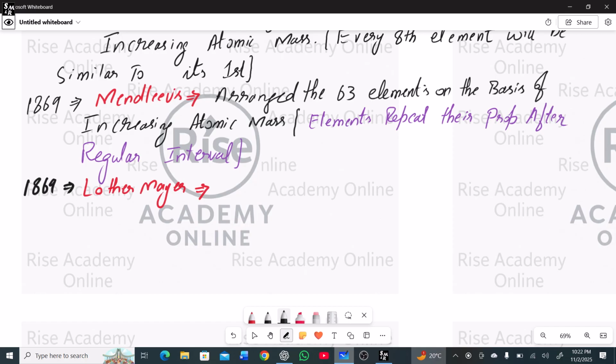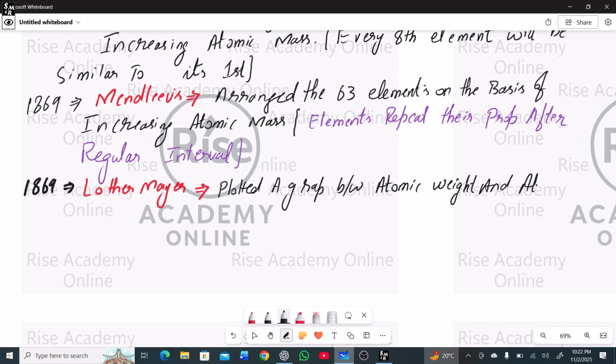What was his work? He plotted a graph between atomic weight and atomic volume.